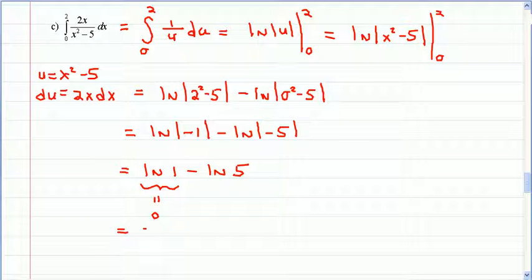So the answer is minus the natural log of 5, and this negative in front can be raised to the top, and this also can be written as the ln of 5 to the negative 1. So I am just left with minus the natural log of 5.